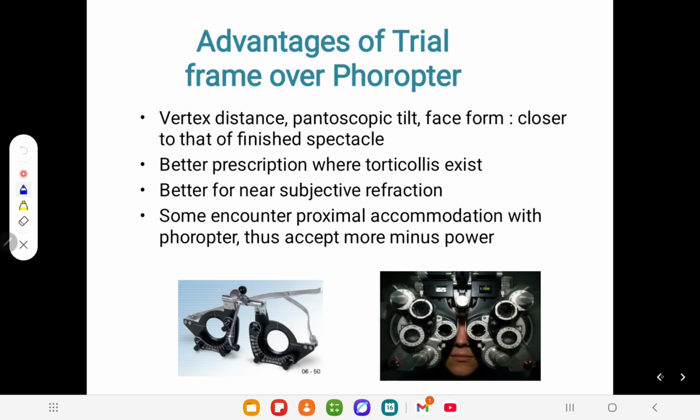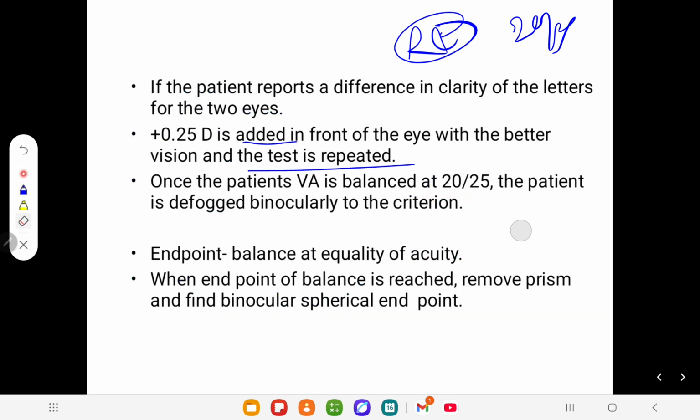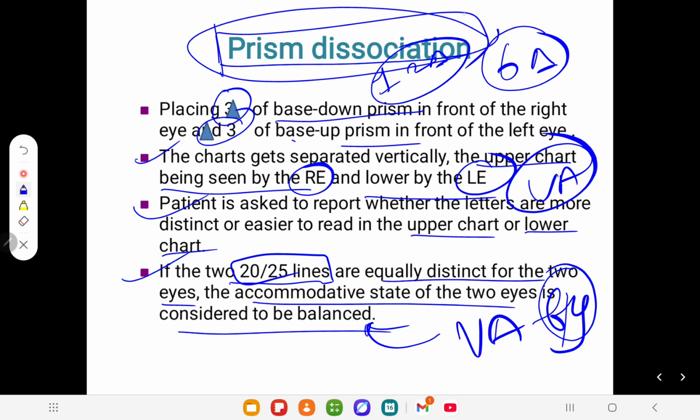Wait, I have to add one more thing that I forgot to add. Whenever we do this particular test, prism dissociation, we can also do one more thing. We can combine prism dissociation plus the bichrome test, which is even more reliable.